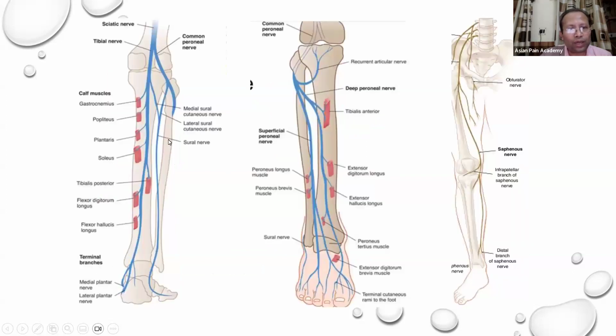Here you can see the sural nerve, it is coming laterally, but it is formed by the contribution of both the peroneal and tibial nerves. From both the peroneal and tibial nerves, it is coming like that. And this is the posterior side; we are seeing from the posterior side.